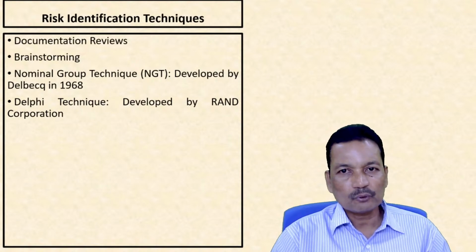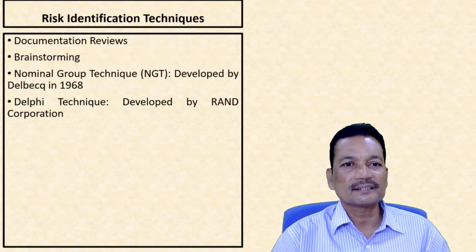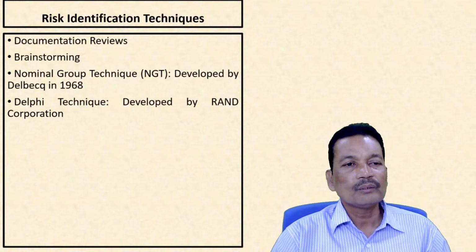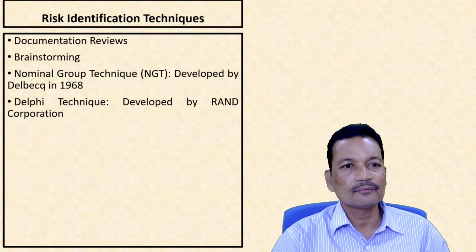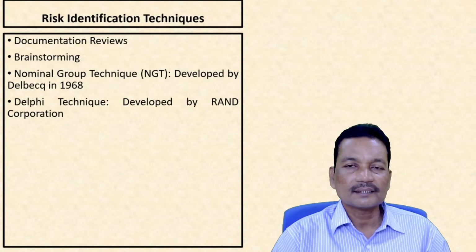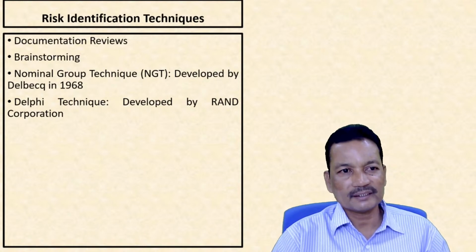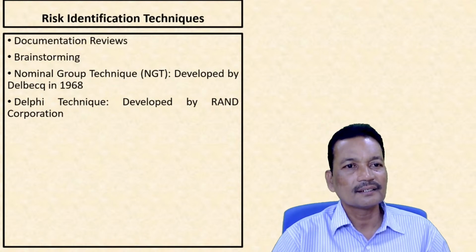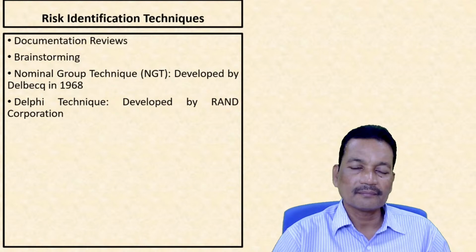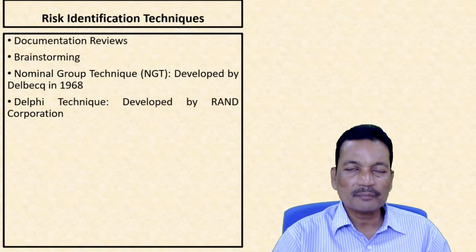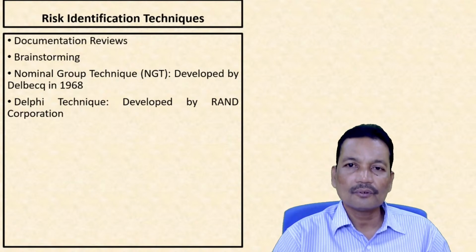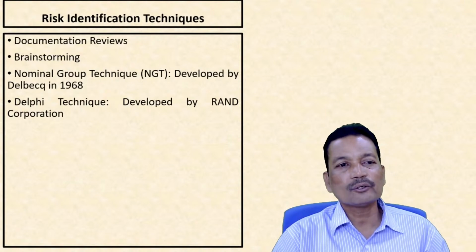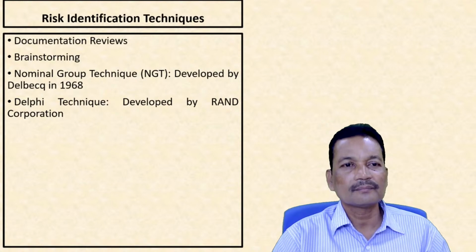When we are talking of risk identification techniques, we have 4 different techniques. One is review of documents. Second is brainstorming. What is brainstorming? Some stakeholders will be brought together.